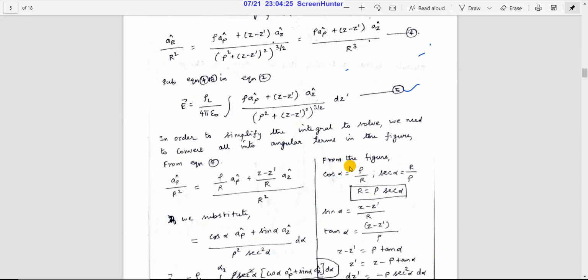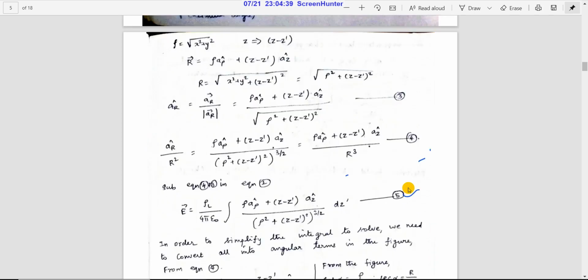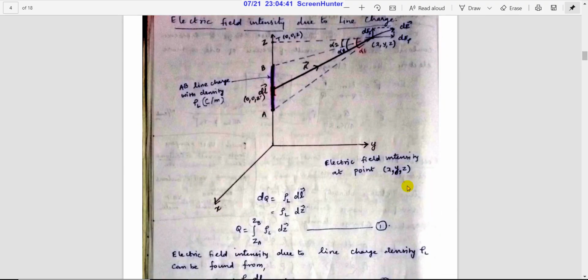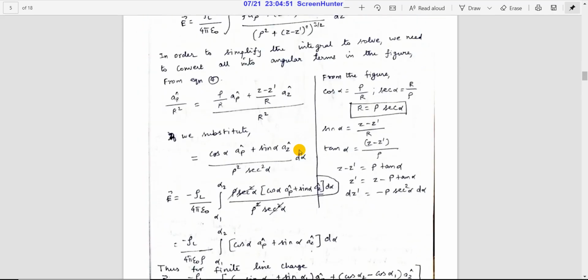So we can write rho divided by hypotenuse, which is r. So this particular distance is rho and hypotenuse is r. So we can write cos alpha as rho by r. Secant alpha is the reciprocal of this particular term, so r by rho. So what is r? You can write r as rho into secant alpha.